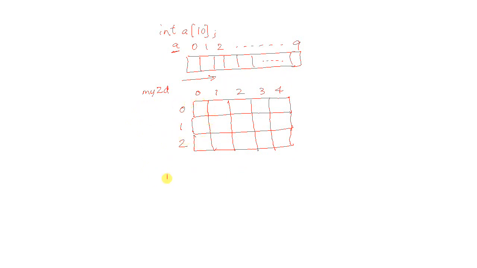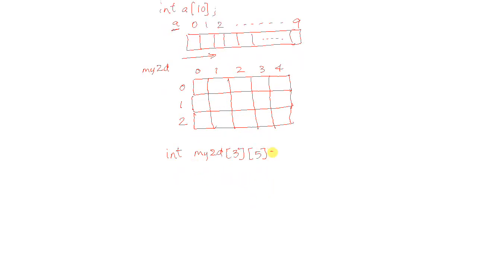It will be declared as int, or whatever type you want, my2D, and first you have to specify the total number of rows, which is 3, and then one more pair of square brackets to specify the total number of columns, something like this.